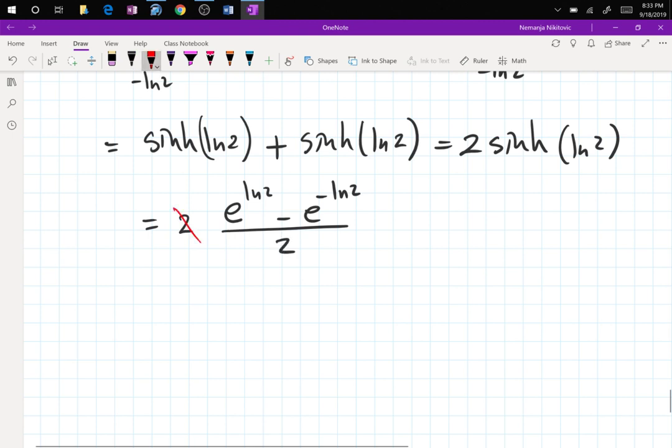Now these guys drop. The first one is just 2 because ln and e cancel. The second one will make a half because the negative goes inside the ln, makes the ln of a half, and then ln and e cancel, and you just add a half over there, and the whole thing is 3 halves.